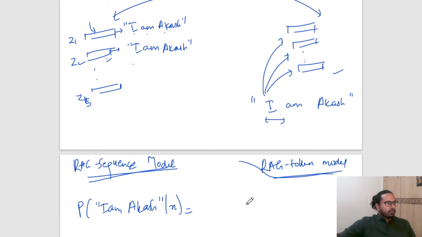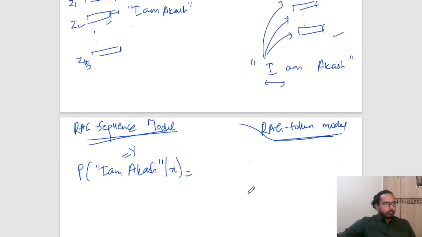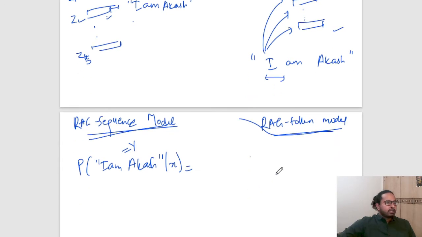This answer string "I am Akash" is the capital Y. The first one is that we get capital Y from the input sequence and the first document. So this value will inherently depend on the probability of getting the first document, P(Z1 | X).